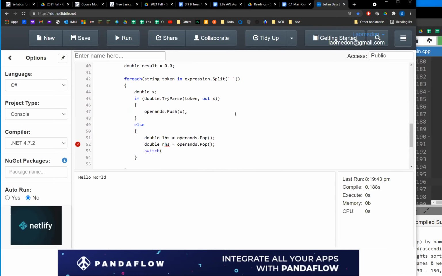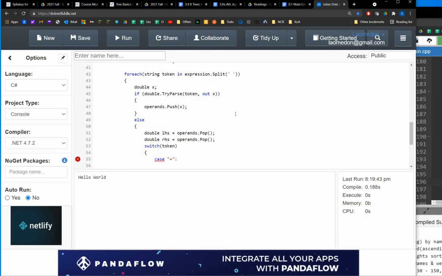If we're adding, we just push the result. Let me get these backwards: right-hand side first, left-hand side second. Push left-hand side plus right-hand side.